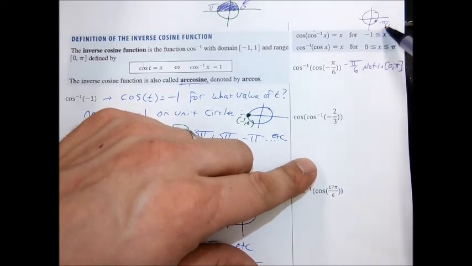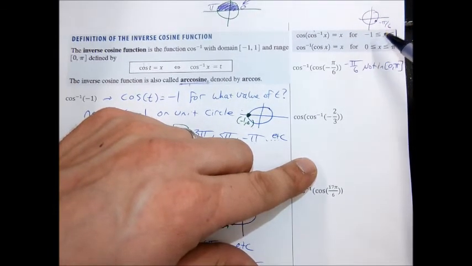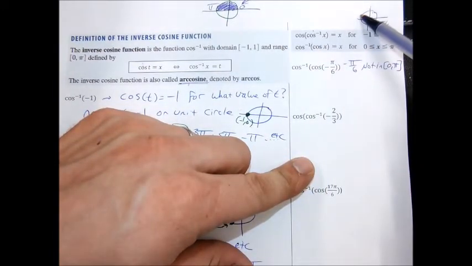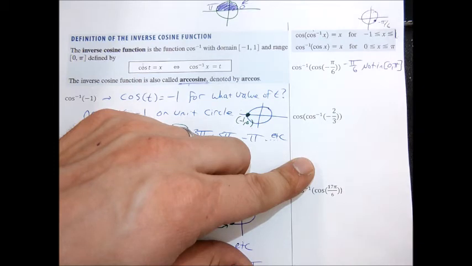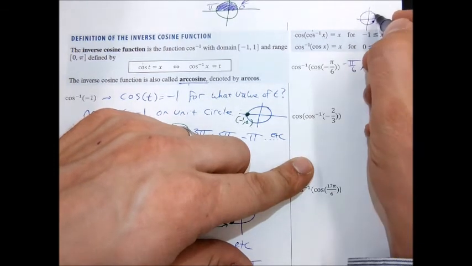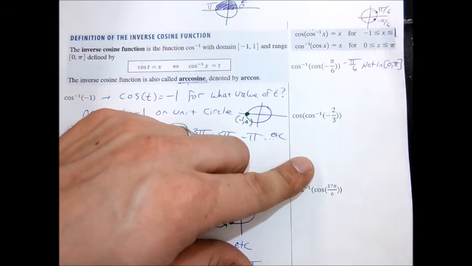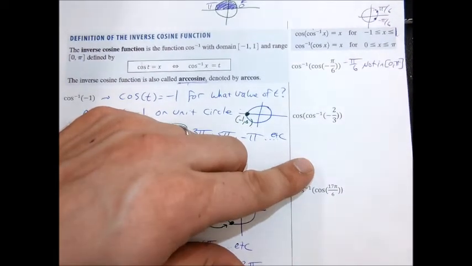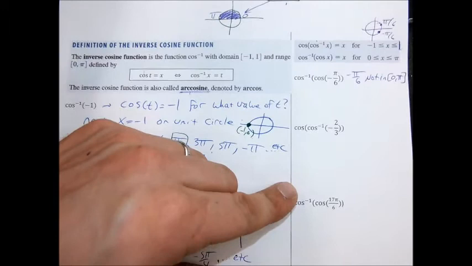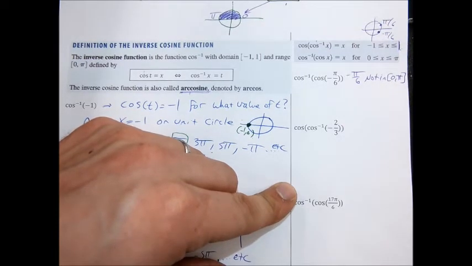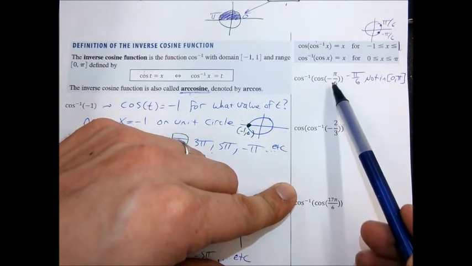Positive pi over 6 would be over here, right? Positive pi over 6 has the same x value as minus pi over 6. Sorry, that kind of went off the screen a little bit. And if you look at your unit circle, you can just verify that, right? Those two both have the same x value. And so this is the same thing as pi over 6.